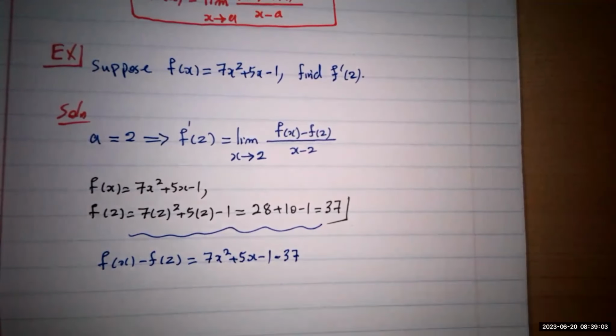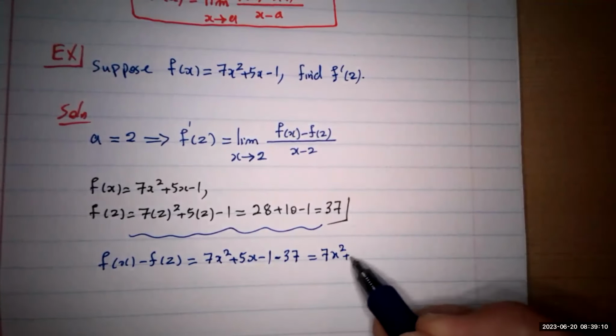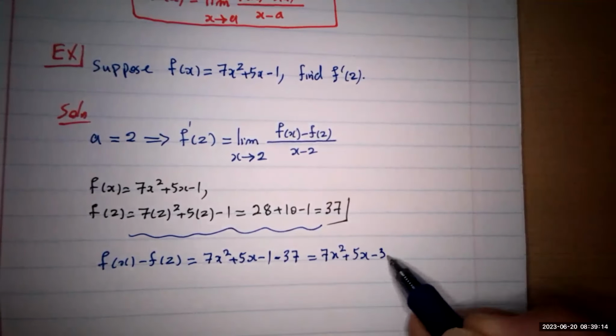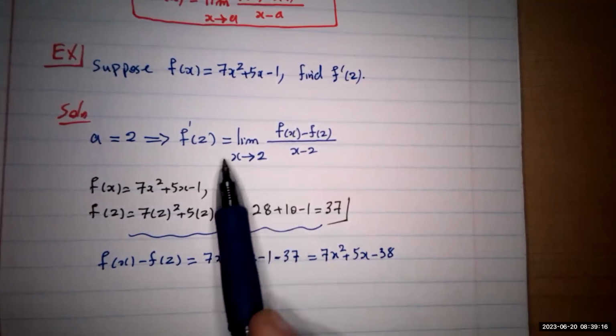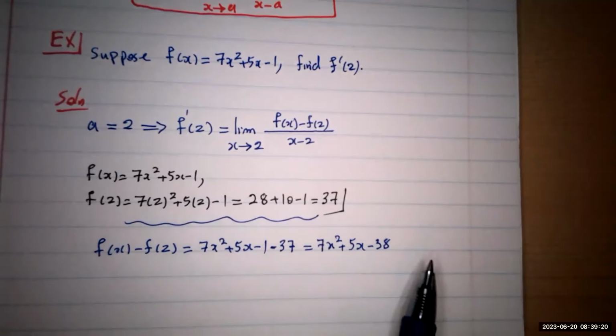Combine the like terms: negative 1, negative 37 gives me negative 38. So I have 7x squared plus 5x minus 38. I simplified the top, so I go back, substitute, and take the limit.